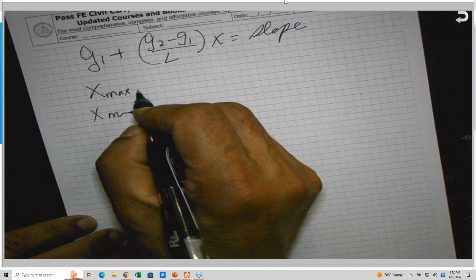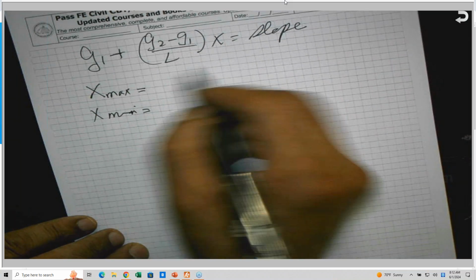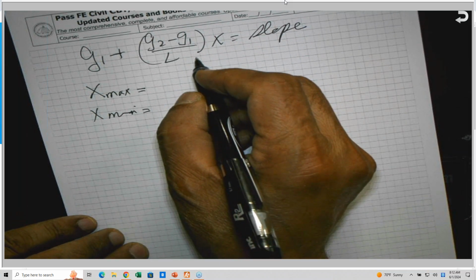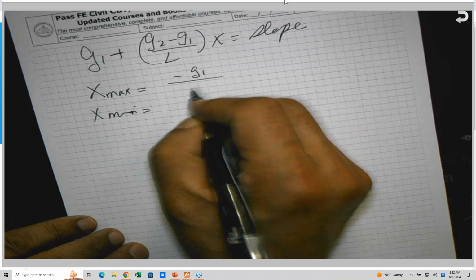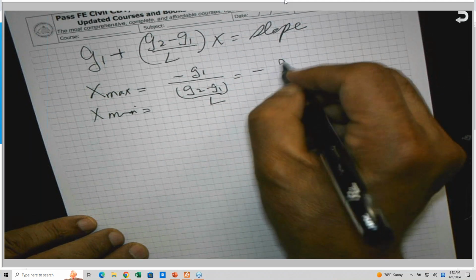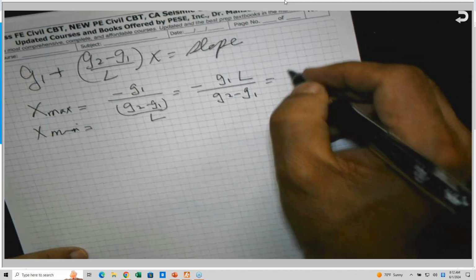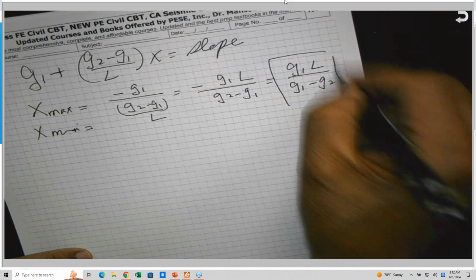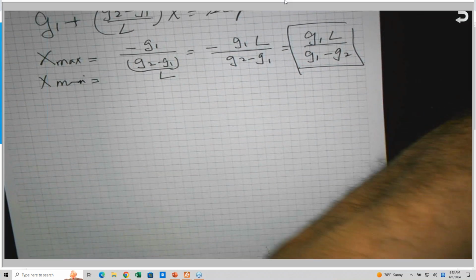Either one of them could be used, and it is negative g1 divided by g2 minus g1 divided by L, or negative g1 L over g2 minus g1, or we can make this positive as g1 L over g1 minus g2. Let me just verify this equation. I don't like to assume that the equation is correct.